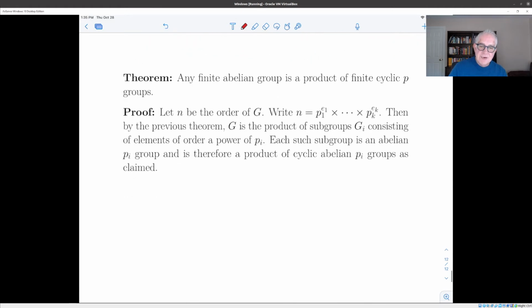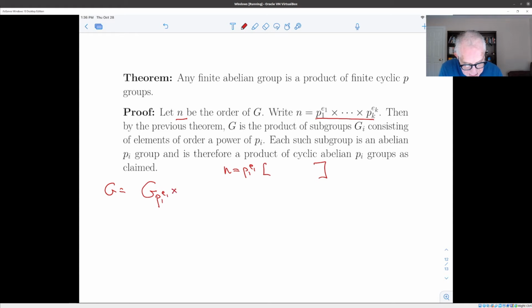So how do you finish the proof? Well, you take your finite abelian group G of order n, and you factor it into a product of prime powers. By the previous result, used inductively, you can factor n as p1^e1 times all the other stuff, and you get that you can write G as G_{p1^e1}, that is, everything whose order is a power of p1, cross what's left.